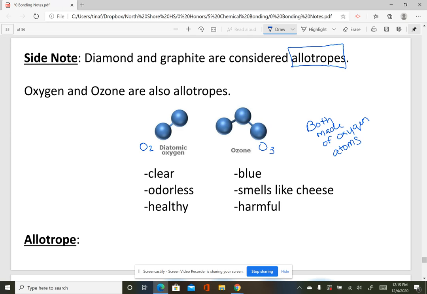Look at how those molecules are different, and then I want you to compare their properties. If these are allotropes of one another and diamond and graphite are allotropes of one another, what do you think it means to be an allotrope?